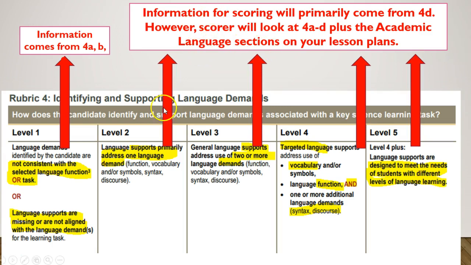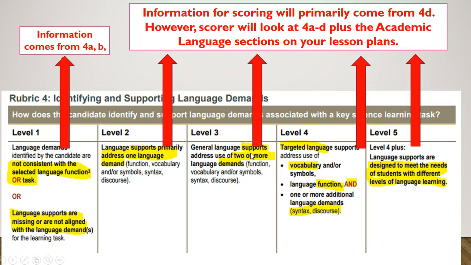Because look, supports, supports, supports, supports. All of this is about your supports. So if you just describe one language demand, function, vocabulary, syntax, or discourse, if you just do one of those and describe supports that are fairly general, it's not going to get you but a 2.